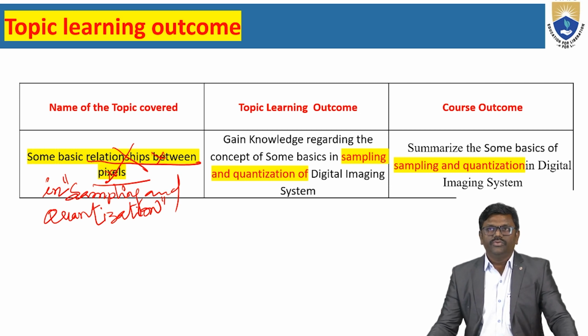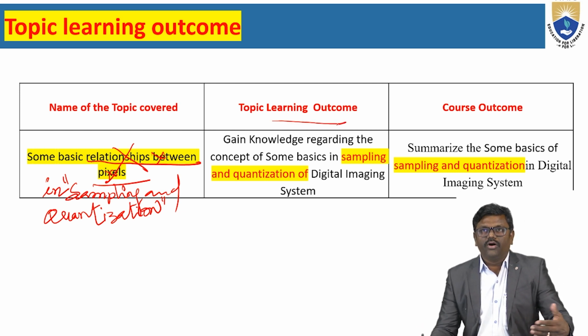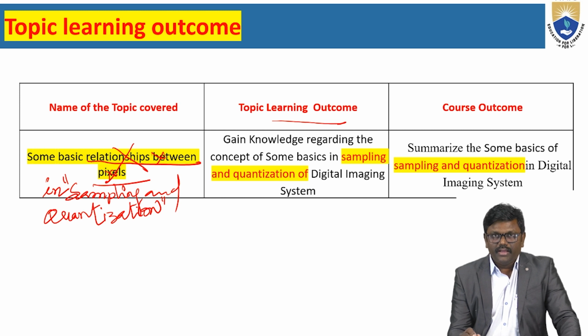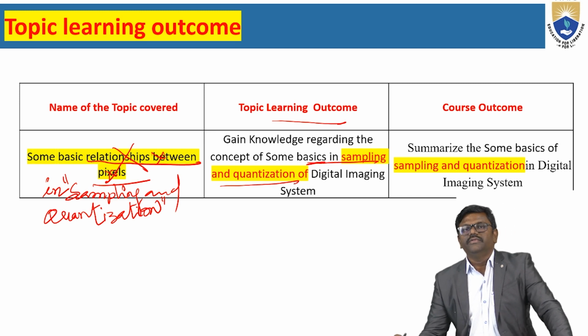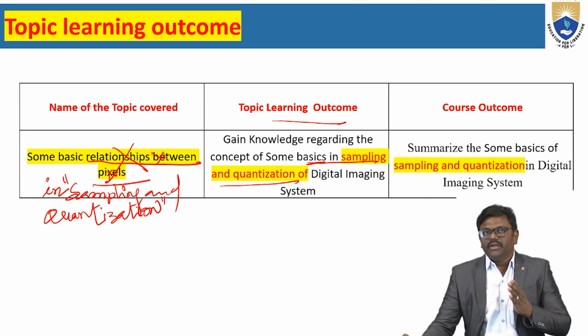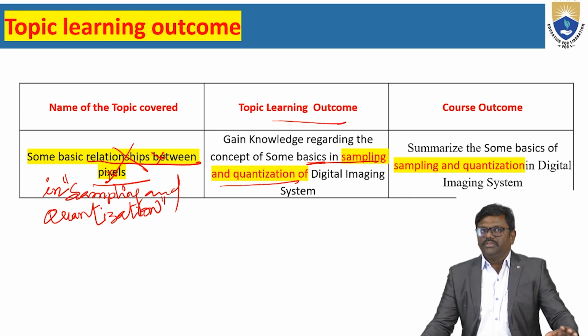Coming to this topic which we are going to learn, how we are going to achieve it in terms of your learning outcome: you are going to gain knowledge regarding the simple basics of sampling and quantization of digital image processing. In digital image processing, obviously 100% we are going to use these concepts.